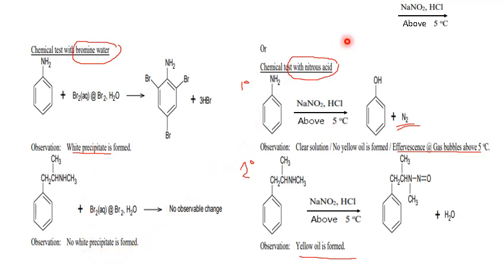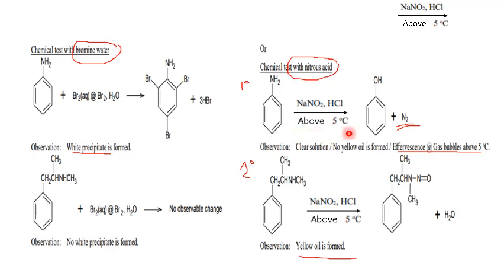One more chemical test that can differentiate them is the nitrous acid test. When aniline reacts, it will form phenol and nitrogen gas. For nitrogen gas to form, with gas bubbles, the temperature must be above 5 degrees Celsius, because a primary aromatic amine is stable at 0 to 5 degrees Celsius.